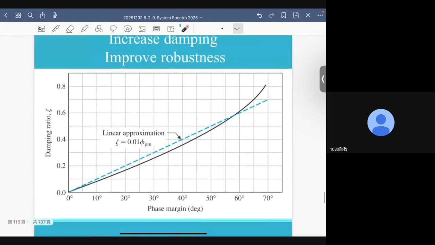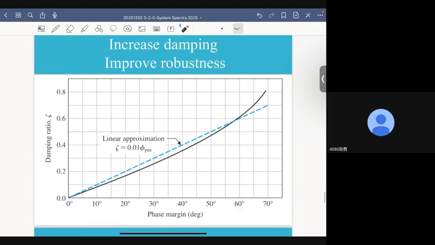So some smart people tell us that if the damping ratio is not too large, all right, this curve can actually be approximated by this blue broken line. This blue broken line is actually a very good linear approximation of these two solid black lines, all right?